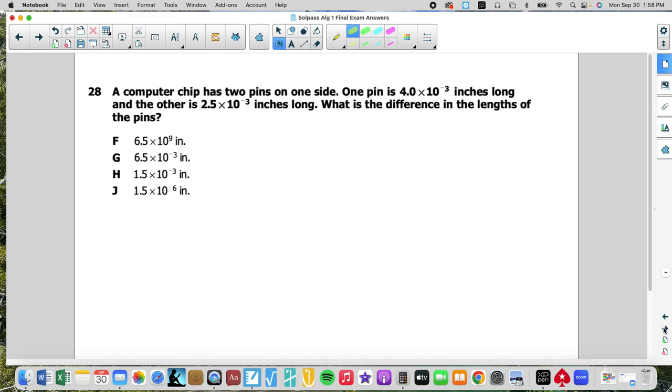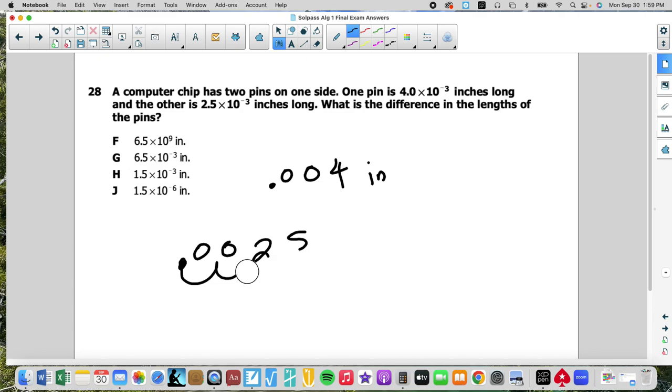A computer chip has 2 pins on one side. One pin is 4 times 10 to the negative 3 inches long, and the other is 2.5 times 10 to the negative 3 inches long. What is the difference in lengths of the pins? The difference in length, well, if we subtract, let's do this. And we convert this to standard form. We're going to move 1, 2, 3. That's what that's equal to, inches. And the other one is 2.5, so 1, 2, 3.